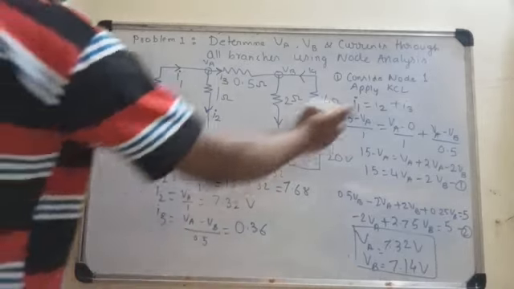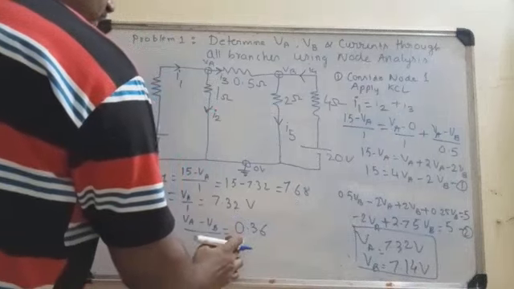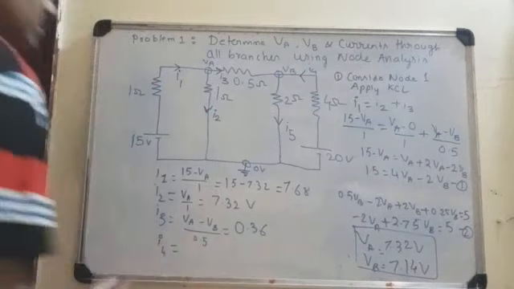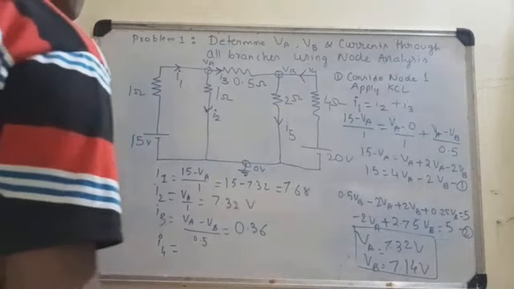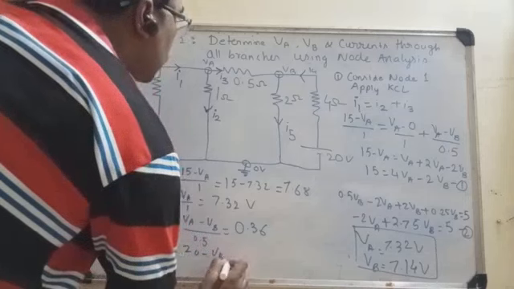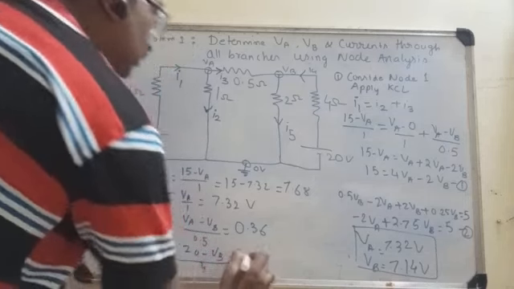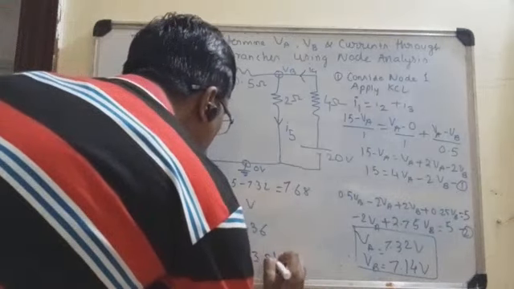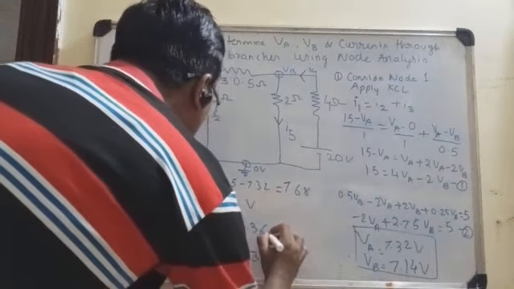So we can verify that I2 plus I3 is equal to I1. Next, I4 is (20 minus VB) by 4, which is 3.215 amps.